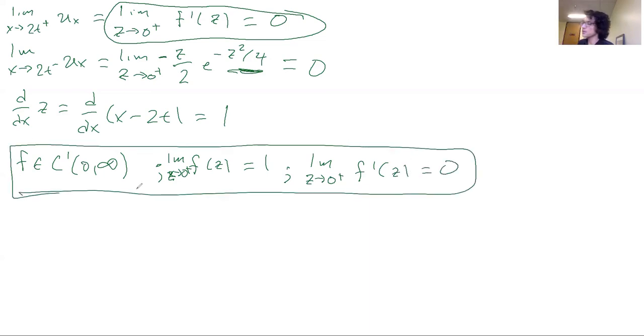Okay, so that's our 3 main conditions in this case. And this ensures that we have what's called a classical solution.